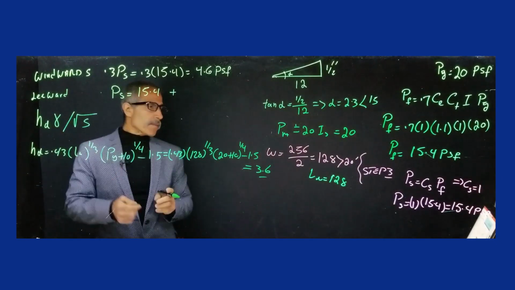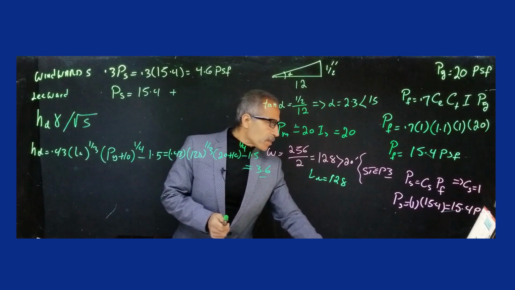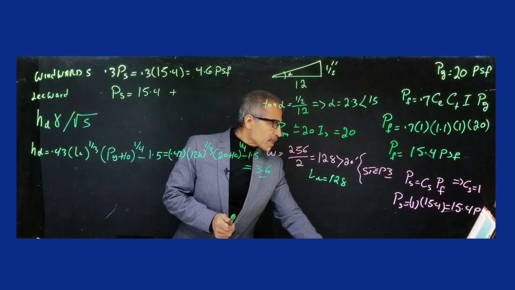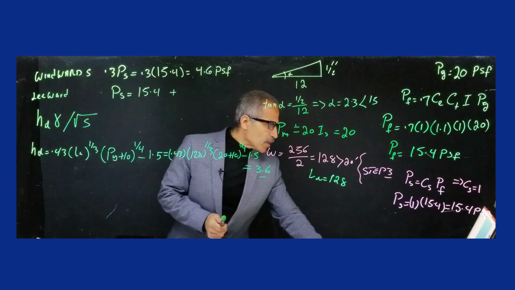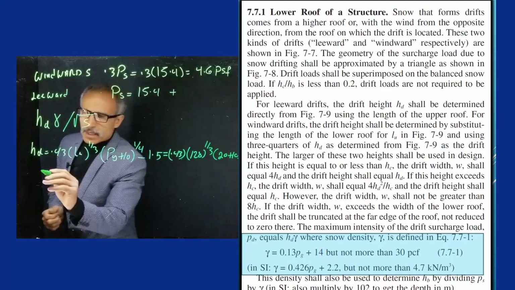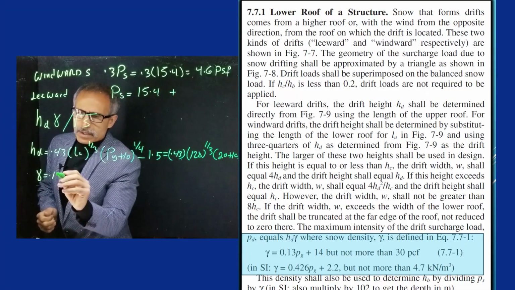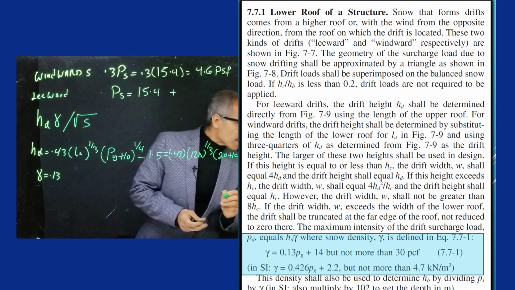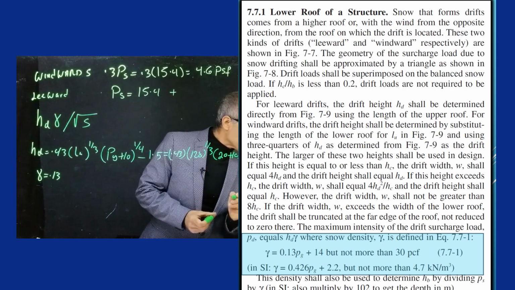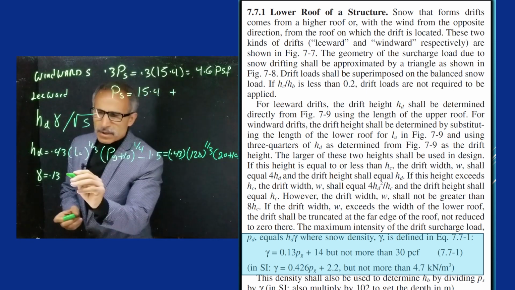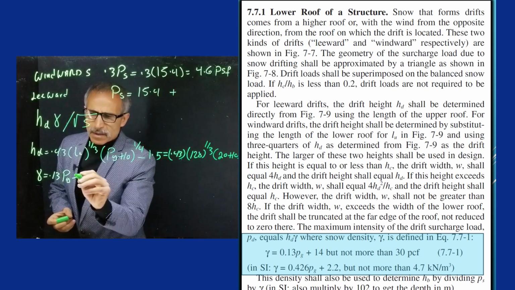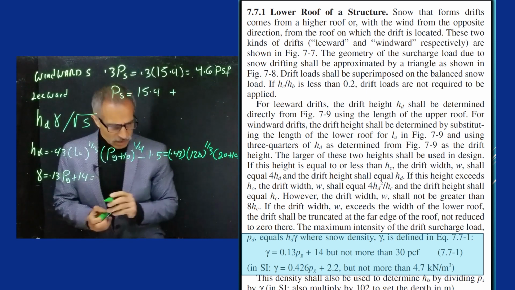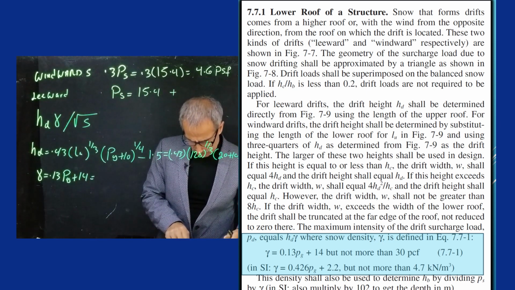We got to find gamma. And when we look at the spec, it says right here gamma is equal to 0.13 times PG plus 14. PG is 20.